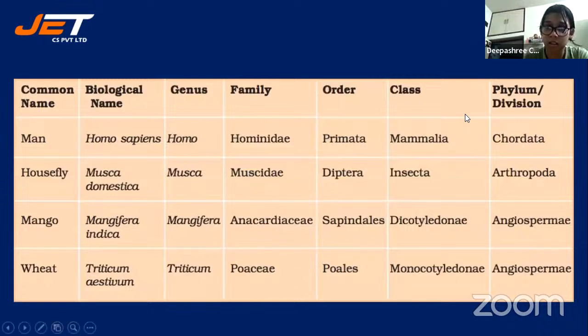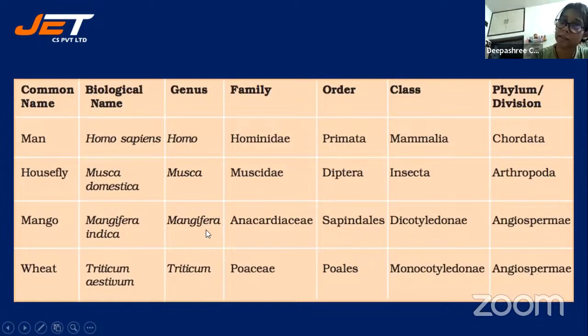So this is something you have to remember. This is just taken from your book, the NCERT. So man: Homo sapiens, Hominidae, primate, animal, chordate. Housefly is Musca domestica, Muscidae, Diptera, Insecta, Arthropoda.